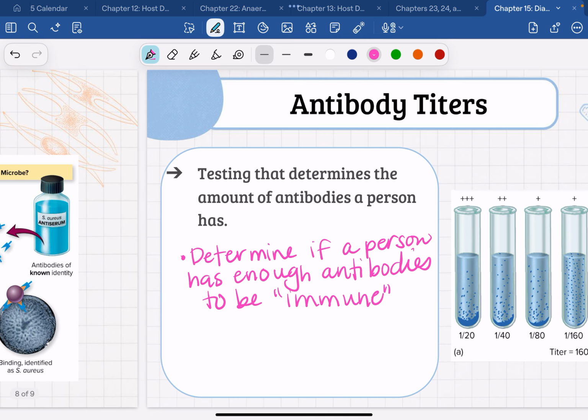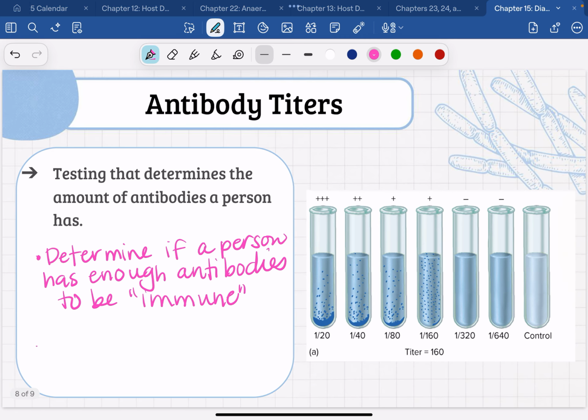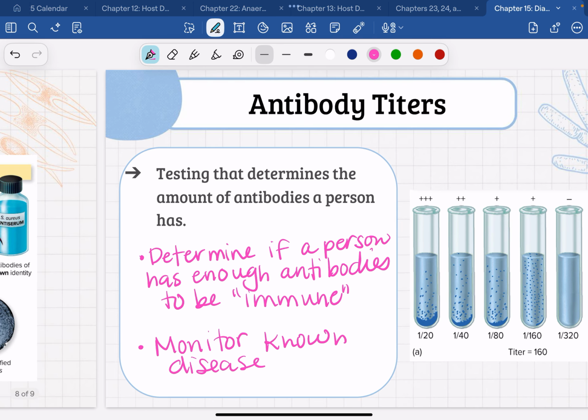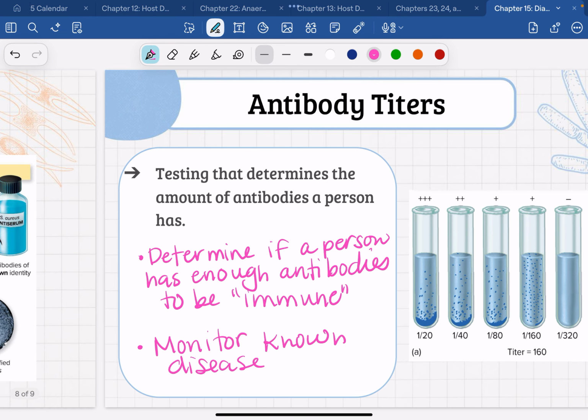Okay. And another way that this can be used is to monitor a known disease. So remember back to when we looked at the immune response, when a person is going through the initial stages of their immune response, right, their antibody levels to that particular antigen are going to remain low, and then they're going to go up, and then eventually they're going to go back down.